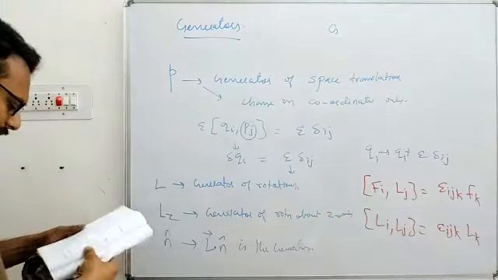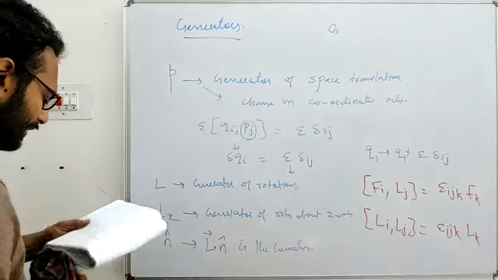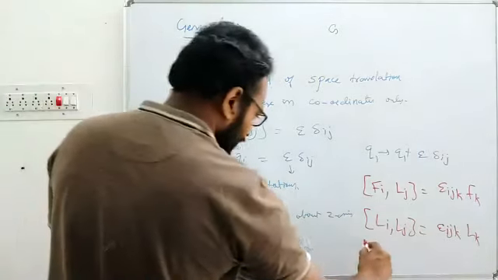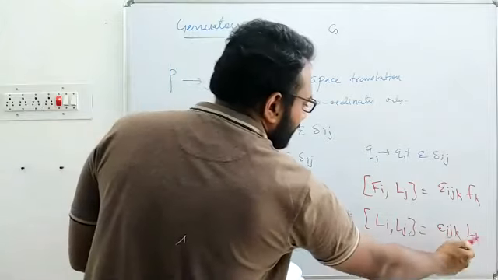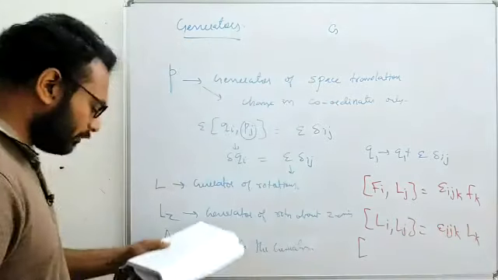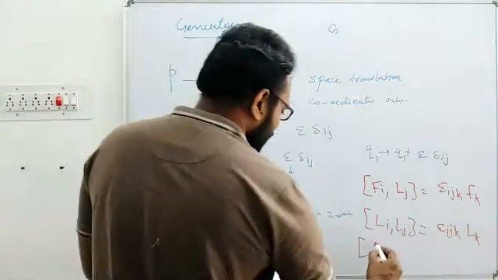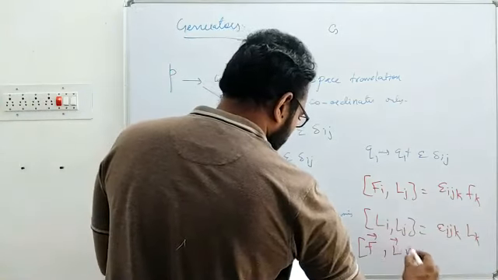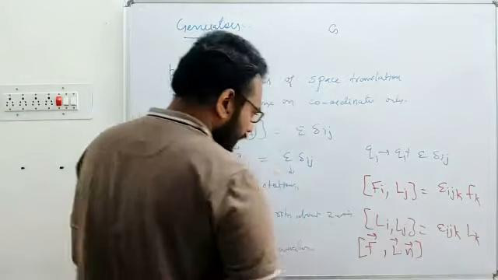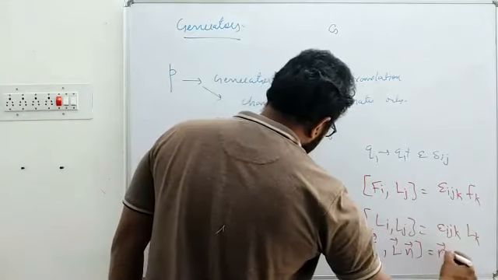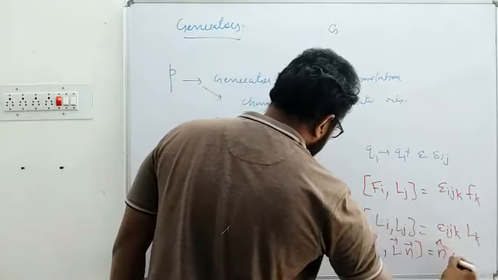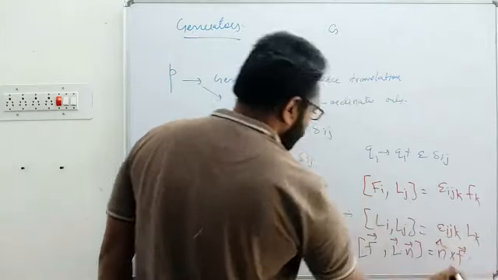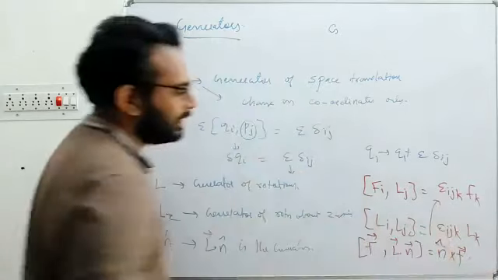Having seen this result is good. We also know that epsilon ijk corresponds to a cross product, right? So we also have this result. If you have some f vector, comma L vector dot n vector, this can be written as n cap cross f vector. So if you take one component of it, you'll get that.